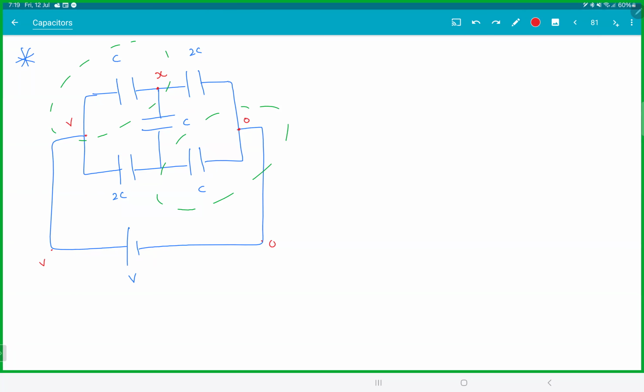That means if this potential difference is V minus X, this potential difference also should be V minus X. So we can write this point as V minus X. You're getting it? Whatever happens here, the same thing will happen here. There's a symmetry there. Diagonally, they look identical, so we can say potential difference is same. You can't say potentials are same.